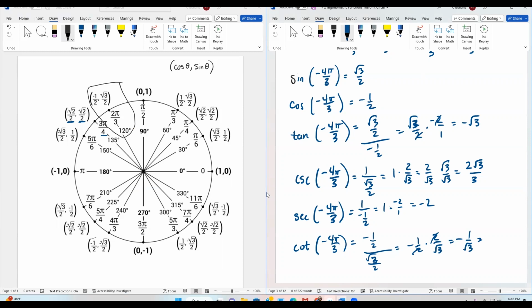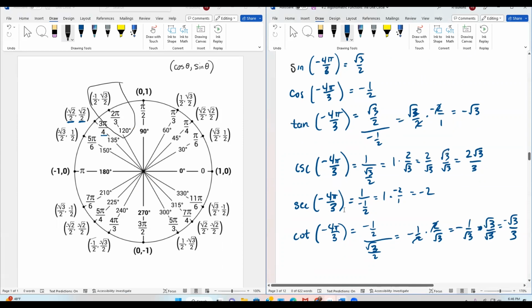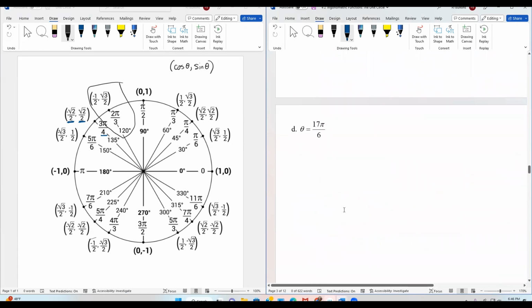Then multiply by root 3 over root 3, and we get -root 3 over 3. So those would be all of the corresponding trig functions for -4 pi over 3. So I think we have one more example here.